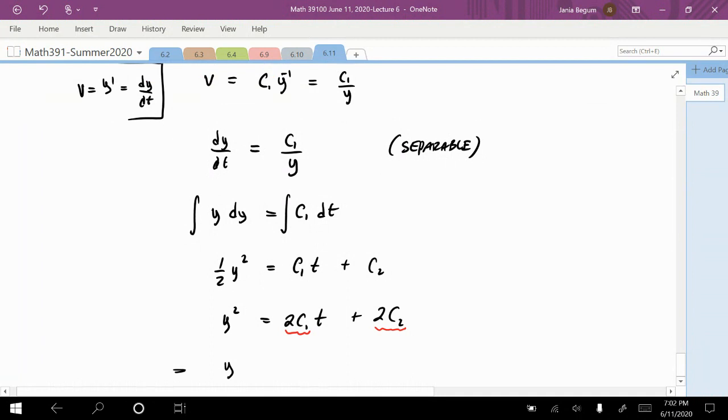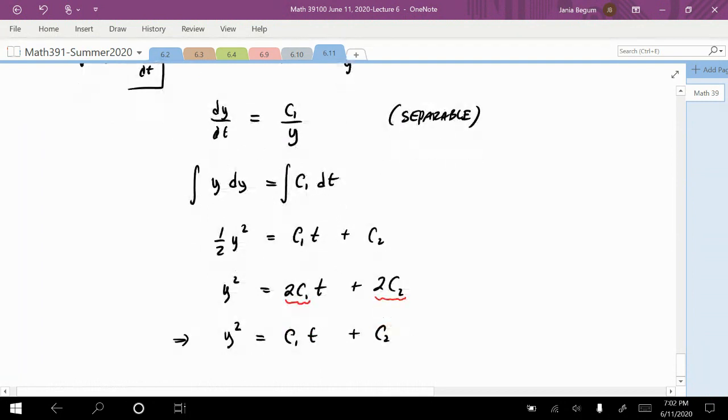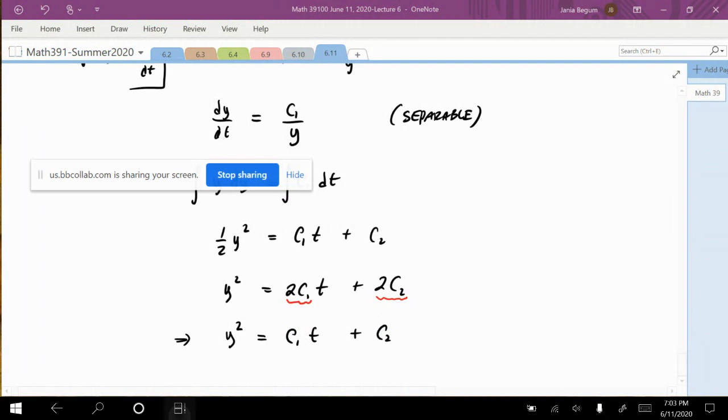So y squared is equal to c1t plus c2. If you want to simplify more, you can take the square root on both sides and get plus or minus the square root of c1t plus c2. But I think this is good enough.